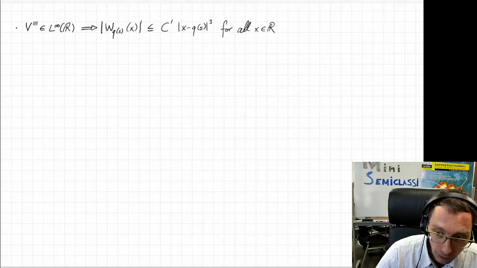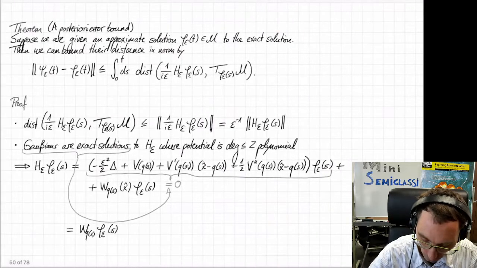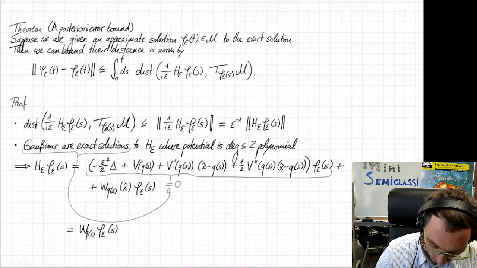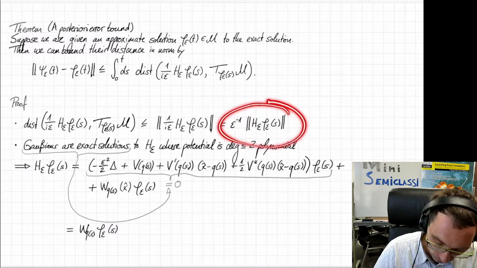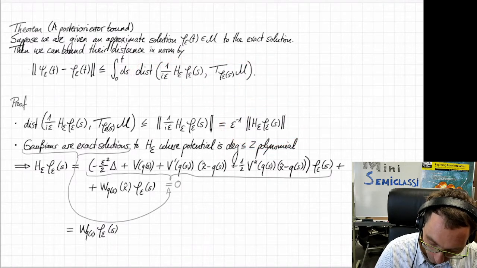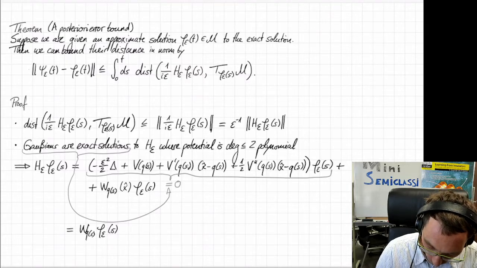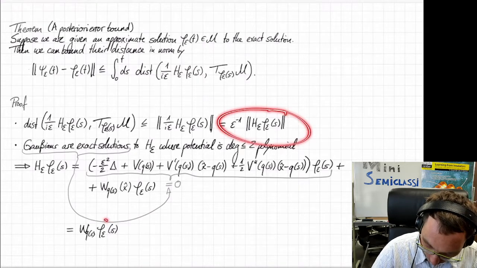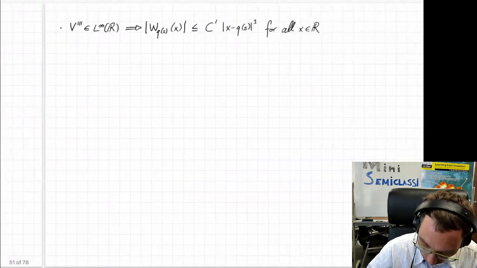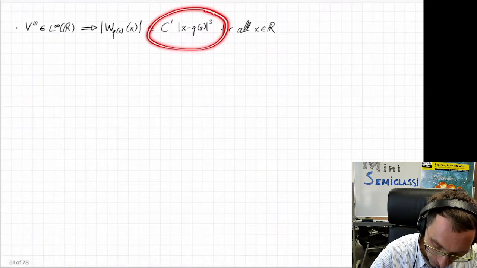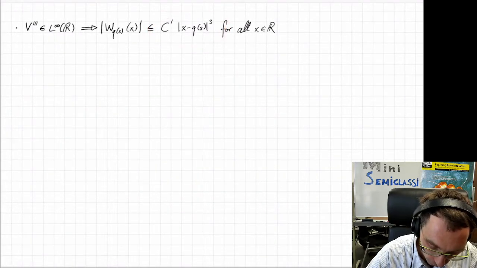Okay, this is enough, because if you remember the crude estimate of the integrand in our a posteriori estimate, it just reduces to the norm of this here. I can plug in this estimate for the remainder of the potential.